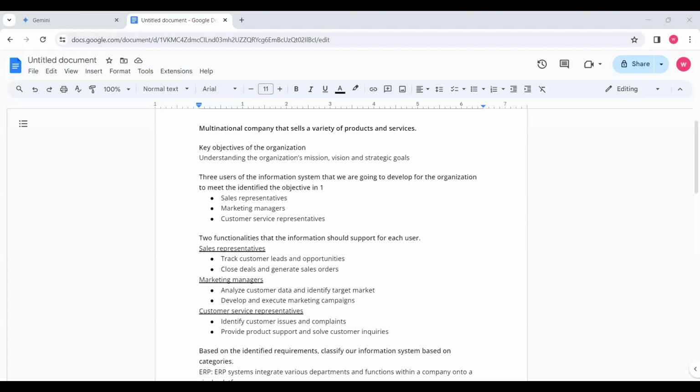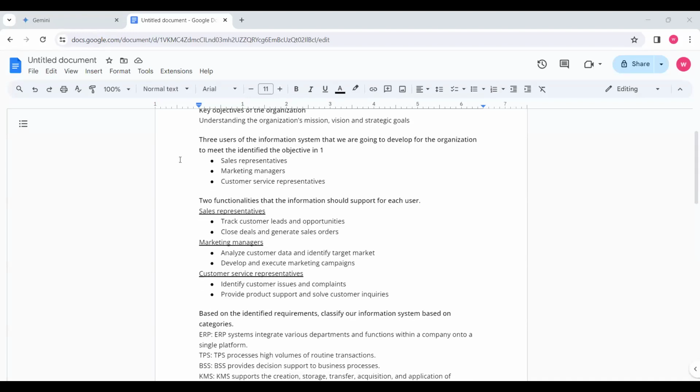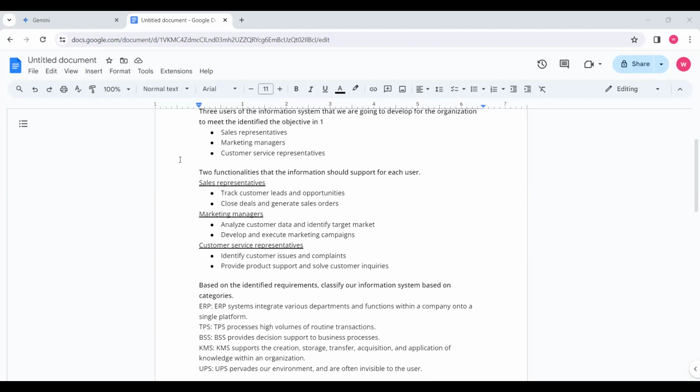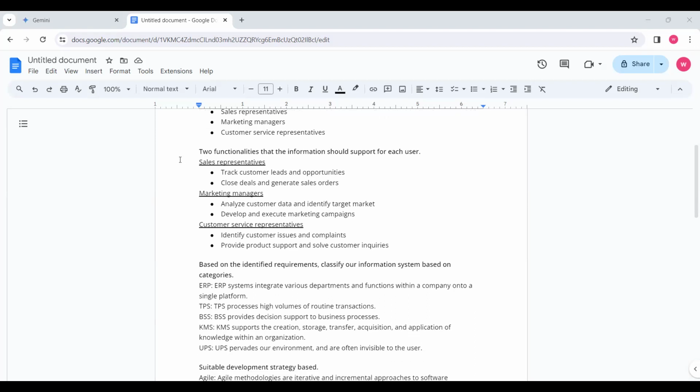Okay. And identify the target market. Develop and execute marketing campaigns. Customer service representatives identify customer issues and complaints, provide product support and solve customer inquiries.